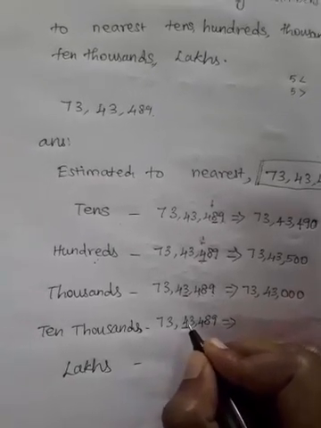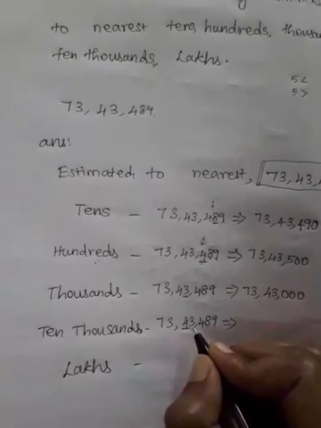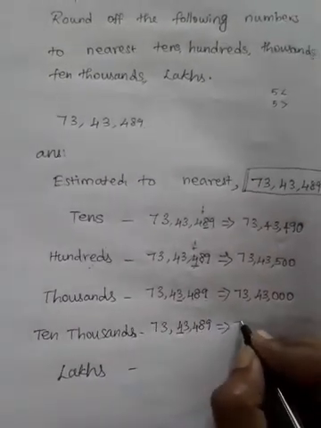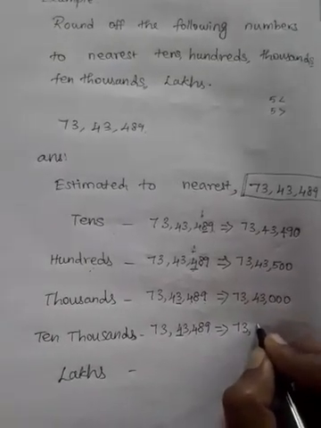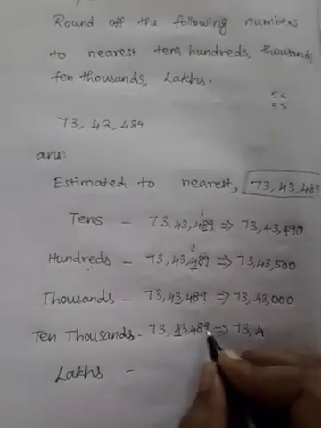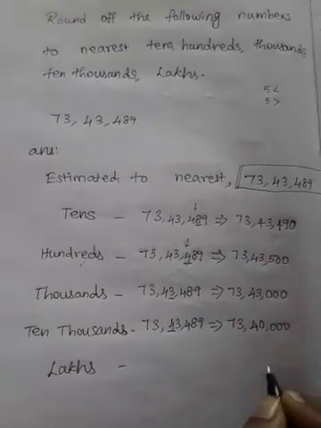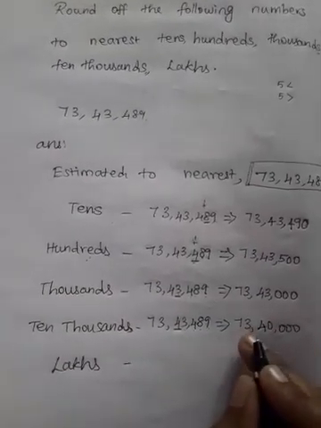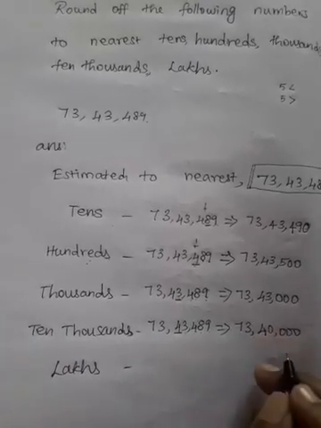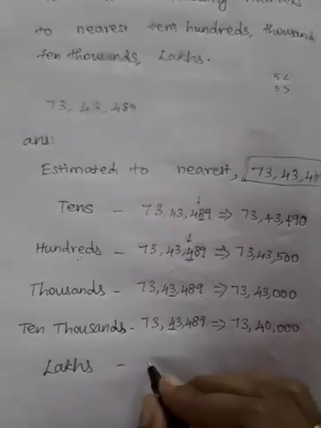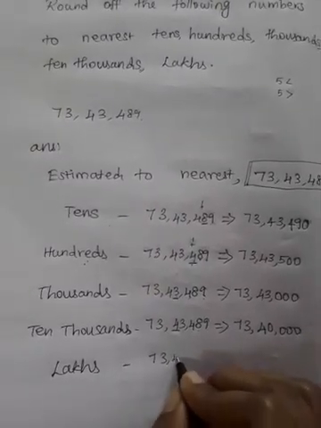If it is less than 5, you don't want to add. If it is equal to 5, you should add 1. So now 73 lakhs 4. After that, all the numbers are 0. So the answer is 73 lakhs 40,000. Understood?